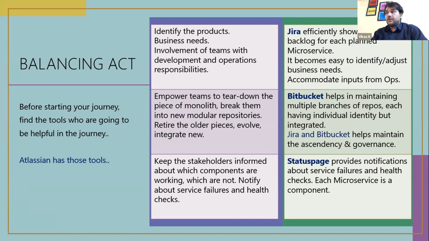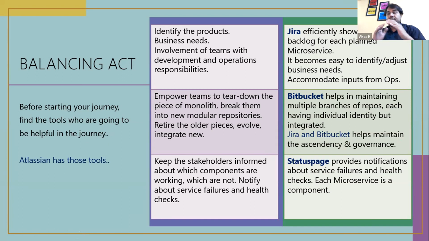The first problem was, we identify the product, we identify the business need, and we involve the teams with development and operation responsibilities. So here we took the help of Jira. We efficiently showcase the backlog for each planned microservice, the technical debt, and the epic and sprint planning.